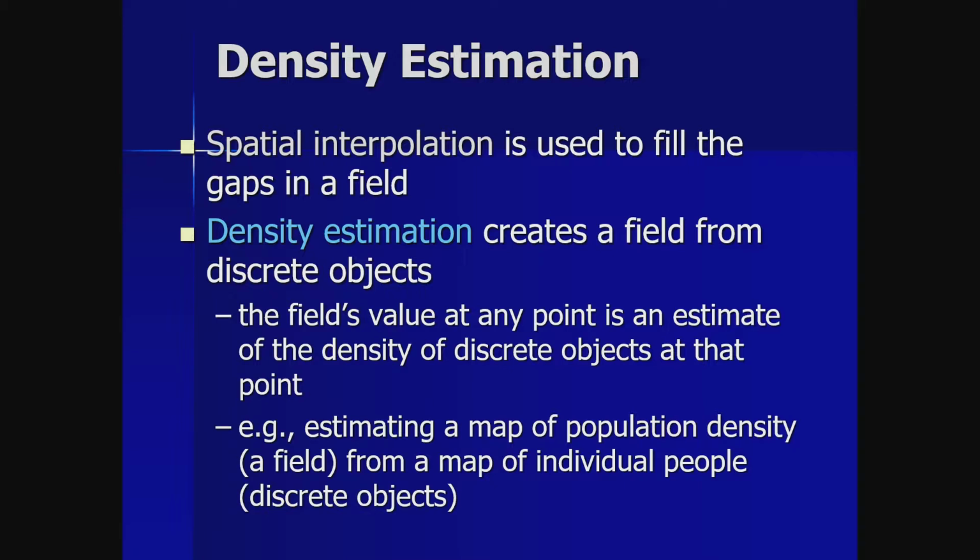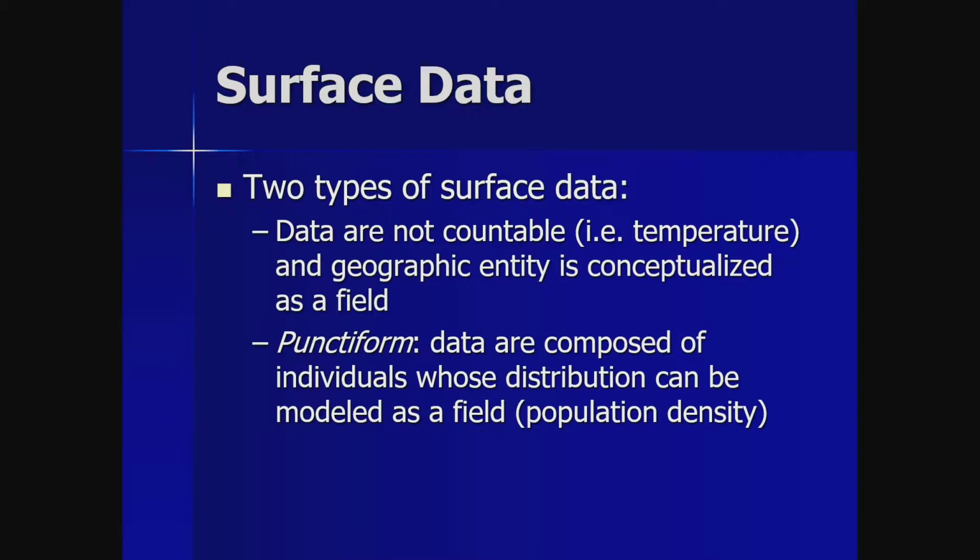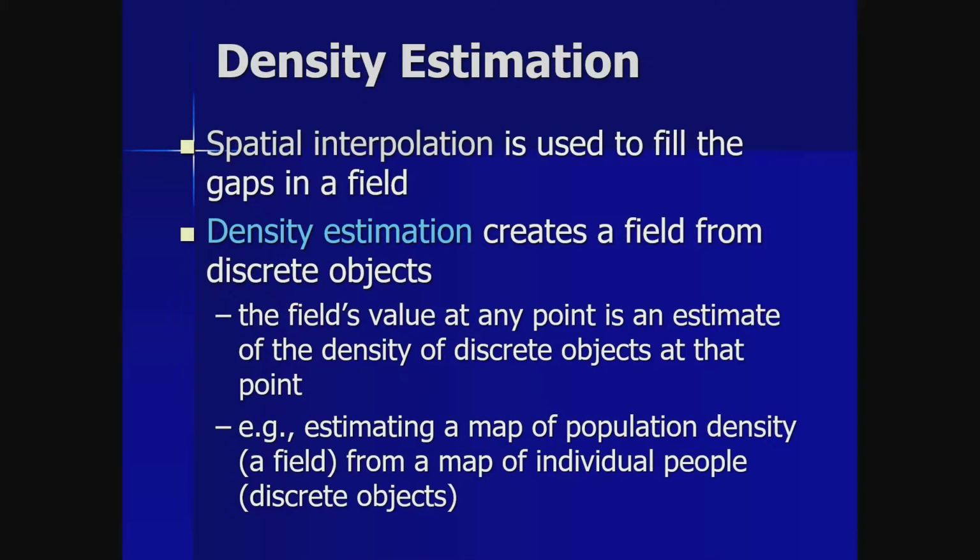So we have points that represent the location of things that we're trying to create a surface of, and we use density estimation. If we're trying to do the first category here, temperature data or numerical data, we use spatial interpolation.